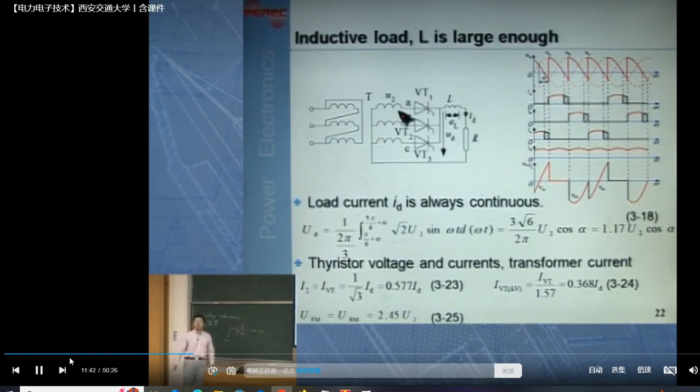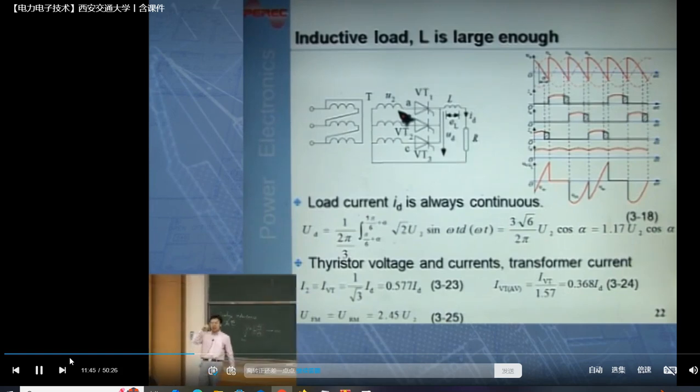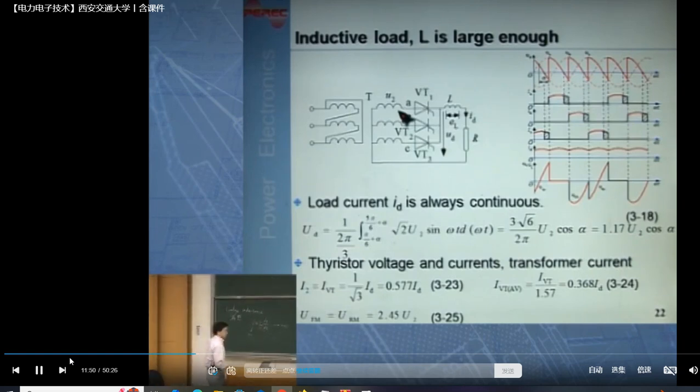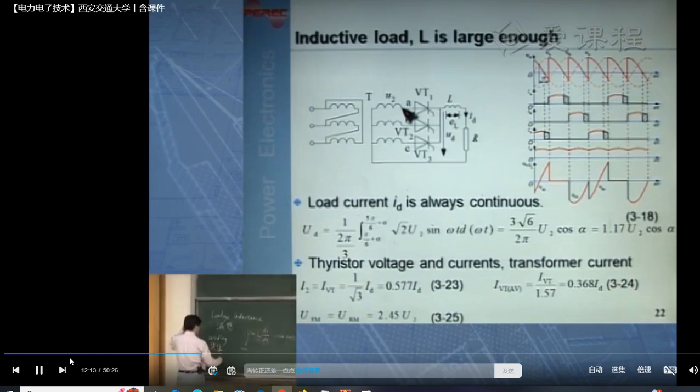But in the practical case, there's always some leakage inductance for a transformer. Therefore, the equivalent circuit here would be not just a transformer, but also a leakage inductance in series with the secondary winding. There's always certain leakage inductance in series with that.